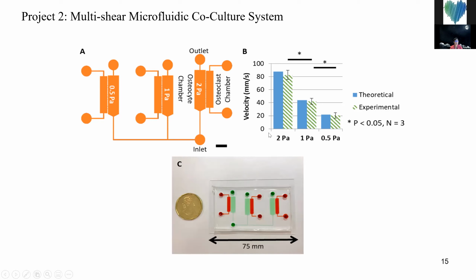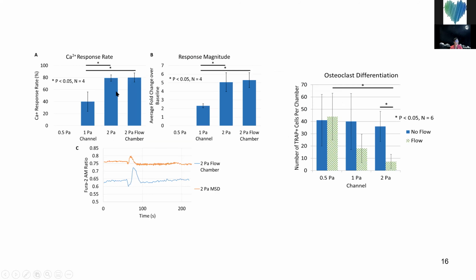For example, in the 2 Pascal channel, we first validated the velocity profile, and then we also looked at calcium response. We found that in the 2 Pascal channel versus 1 Pascal, we have a much higher osteocyte response with intracellular calcium concentration increase.